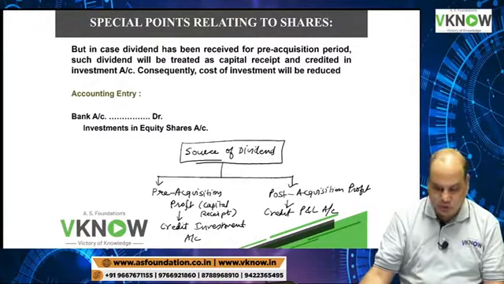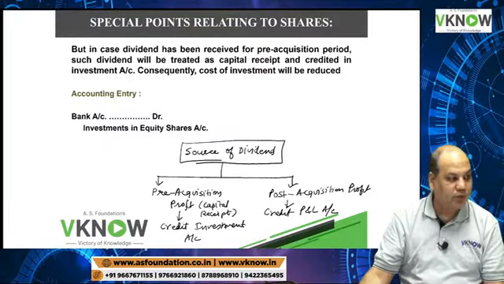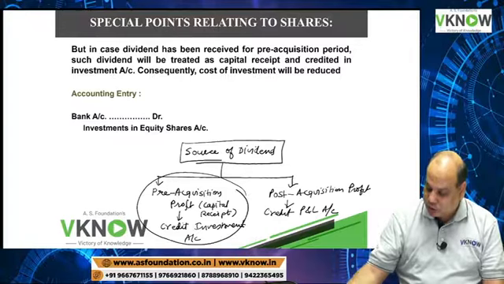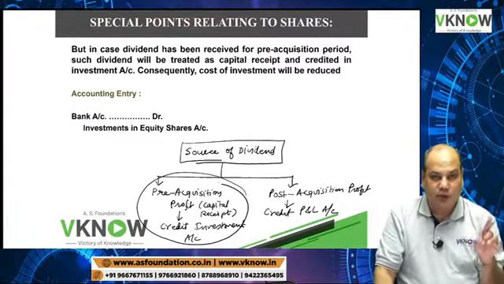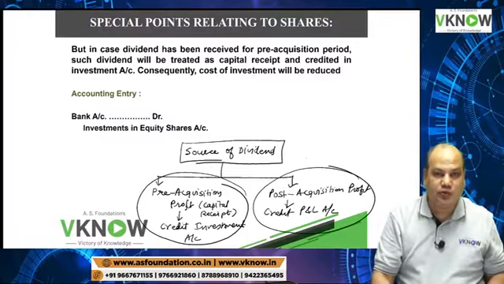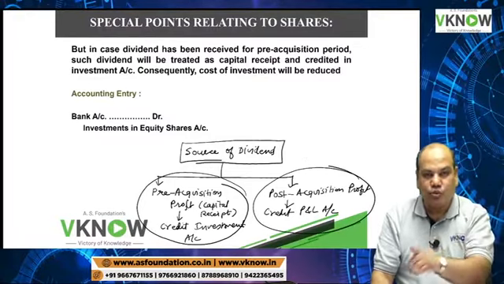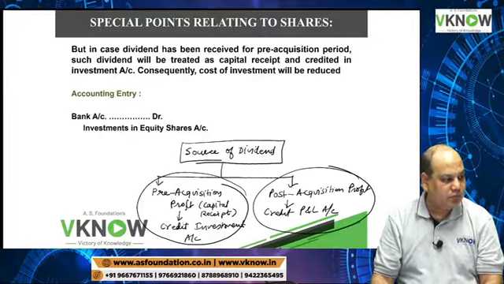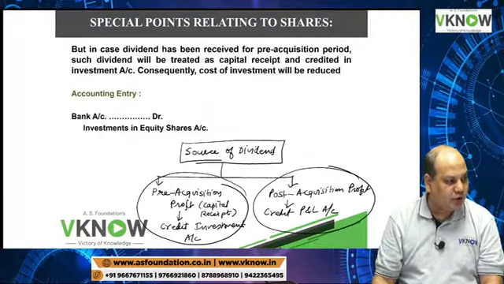Okay. So this is about dividend. Entries will be, if it is out of pre-acquisition profit, bank to investment. If it is out of post-acquisition profit, bank to P&L account. And while solving the question, we will further discuss.